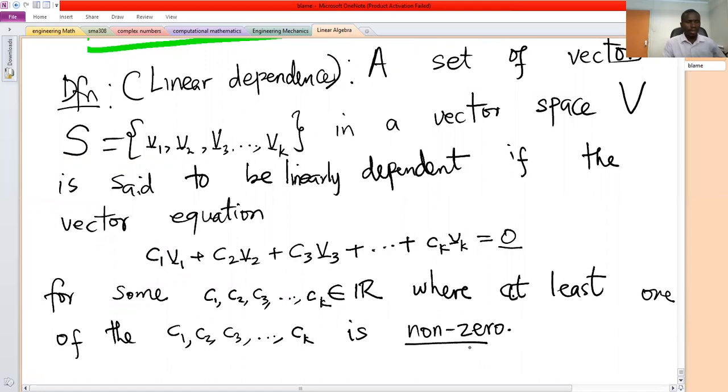So the set of vectors V1, V2, V3 up to Vk in a vector space V is said to be linearly dependent.